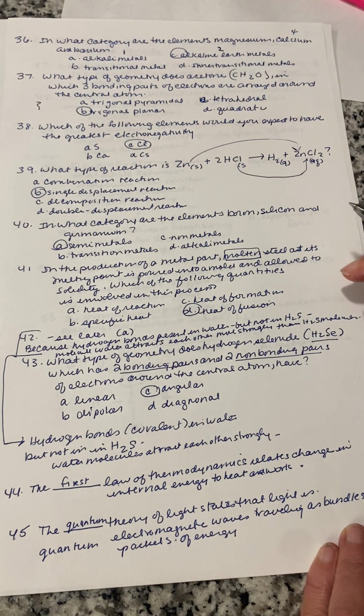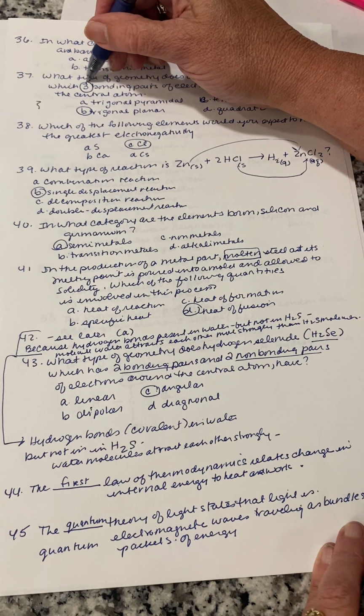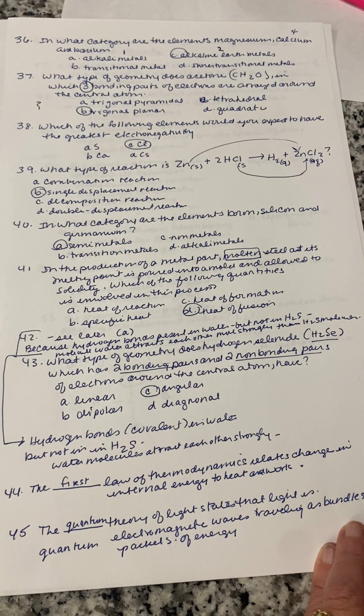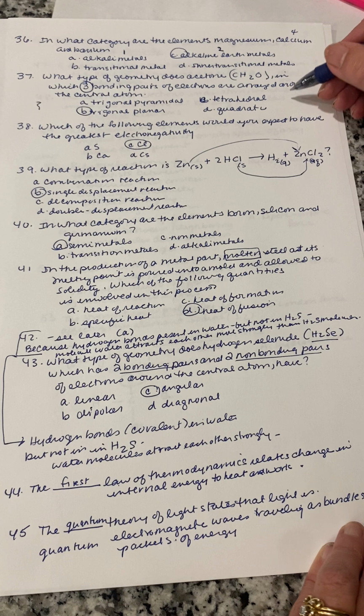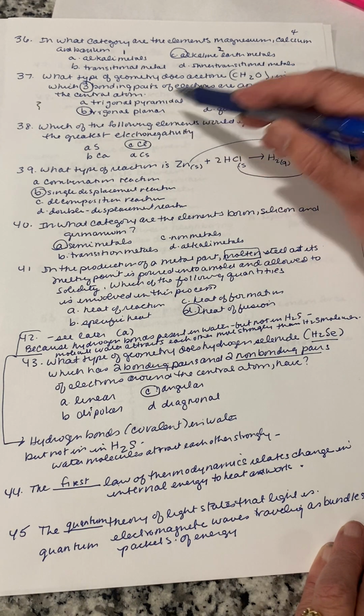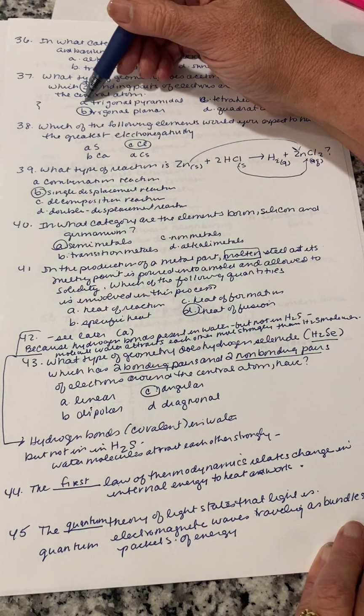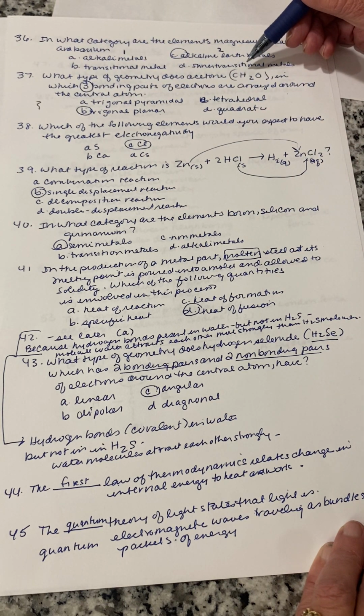What type of geometry does CH2O, in which 3 bonding pairs of electrons are arranged around the central atom, have? We have three bonding pairs. So how does this go? It's going to look like this. You have CH2O in the midst of this. It's either going to be planar or it's either going to be A or B, because there's 3, right?